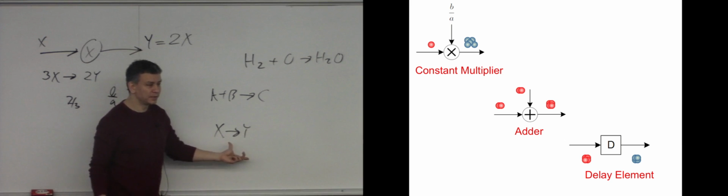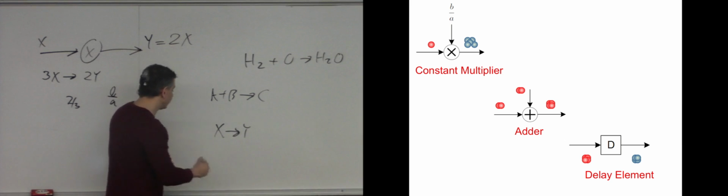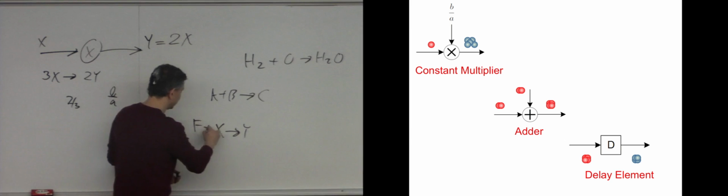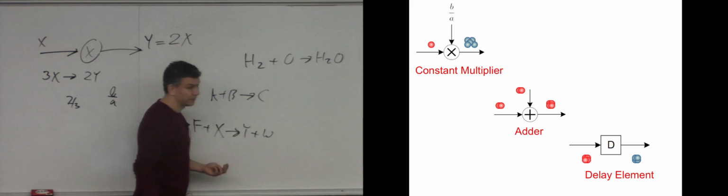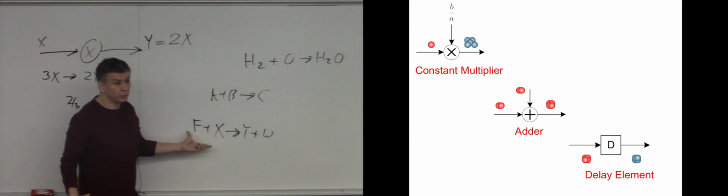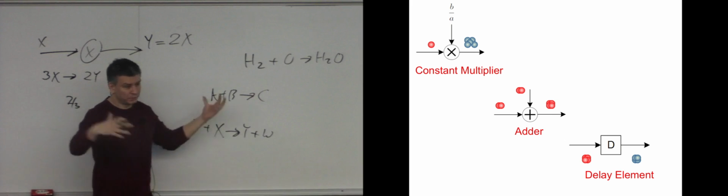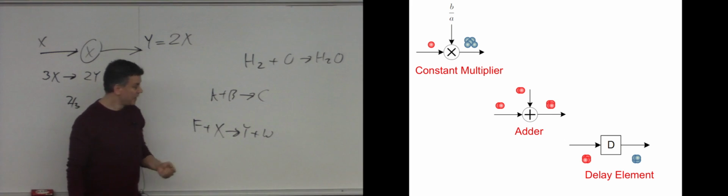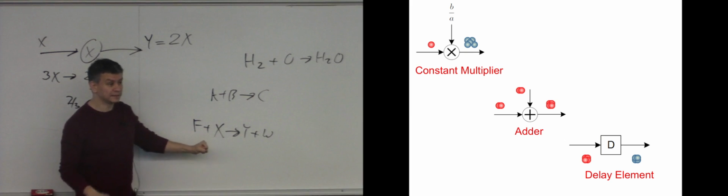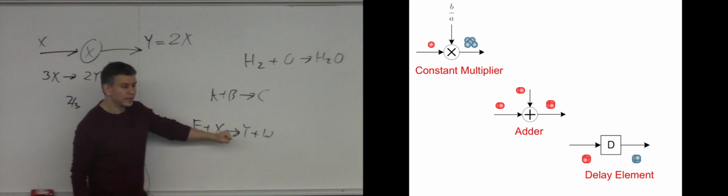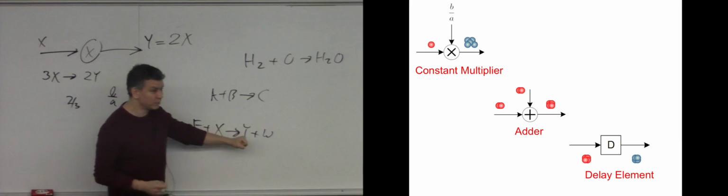How is this implemented at the lower level? Well, at the lower level, you're going to have something like a fuel source and a waste product. So there is some fuel source that you put into your system in abundance, and then you put in the amount of X that you're interested in. The X reacts with the fuel source to produce the output and some waste.